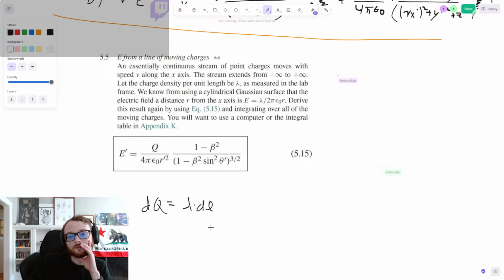Okay. I'm thinking of using 5.15, but I can't do that, can I? Because they want us to derive 5.15. No, we use 5.15 to derive E equals lambda over 2 pi epsilon naught r. Well, couldn't we just take E prime in 5.15 and break it into components in the direction of the velocity, the direction of the point charge motion, and at right angles to the motion?